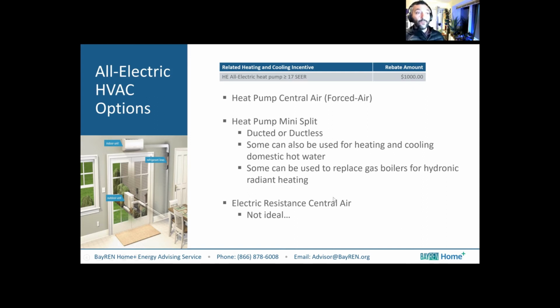Let's see here. Some of the mini split systems can be used for heating water. So Bosch, Daikin, it's called air to water. So if you're trying to convert your house to electrify, you've got a domestic hot water tank or a tankless, and you've got an HVAC system, and you don't have AC yet, go for a mini split, because there's a good chance you could have a tank inside the house without a gas fire inside of it, and that heat pump's outside, and it's supplying heating and cooling for all of your needs.